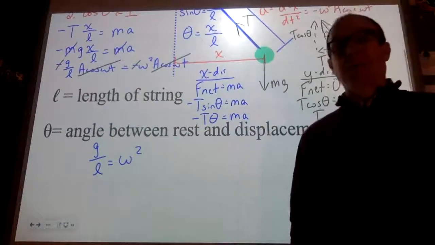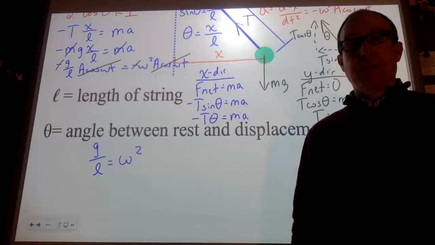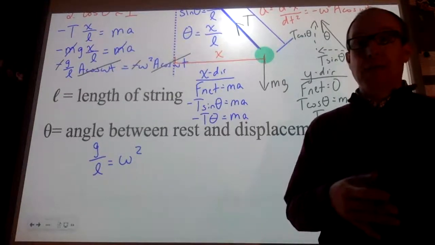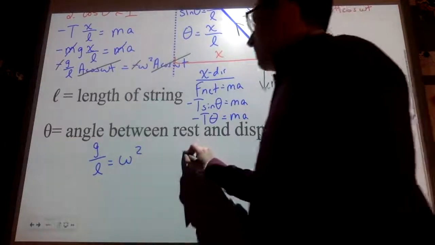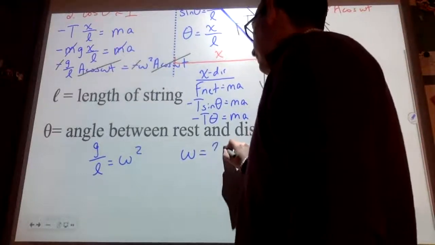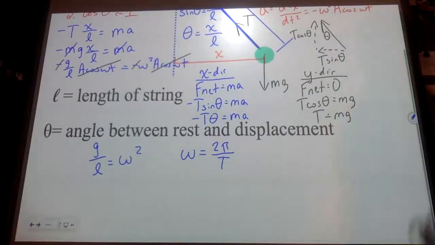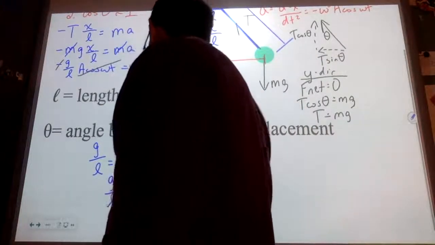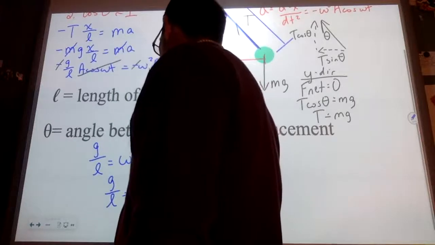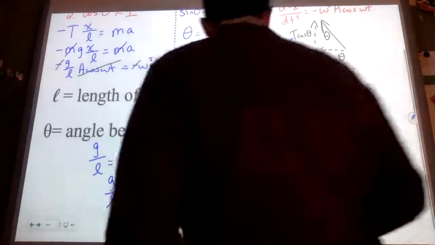Now this isn't angular velocity. This is angular frequency. And it's confusing because in the previous chapter, it was angular velocity. But this angular frequency is 2 pi divided by the period. So I'm going to plug this in for omega. And that's going to give me that g over L is equal to 4 pi squared over T squared.